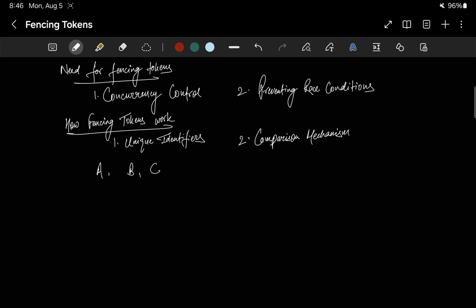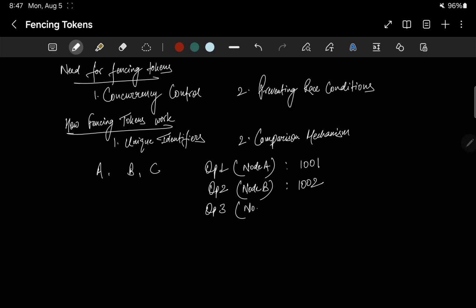So let's say operation 1 is performed on node A. It got the fencing token 1001. Operation 2 is performed on node B. It got the fencing token 1002. And operation 3 is performed on node C, and it got the fencing token 1003.